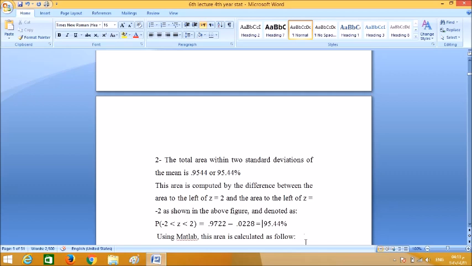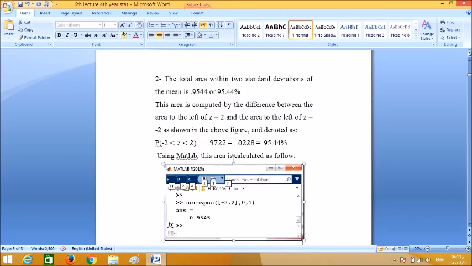So using MATLAB, with the function normspec, the interval is -2 and +2, and you can omit 0 and 1 or write 0 and 1.